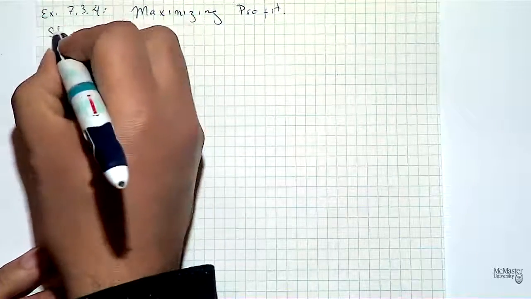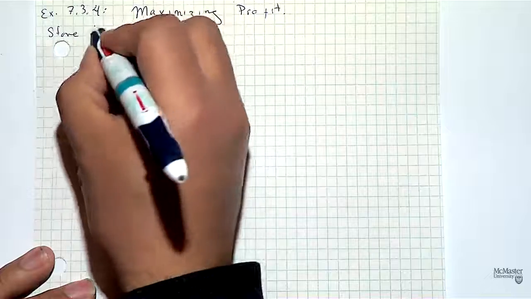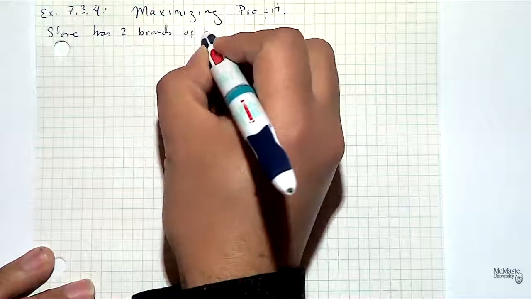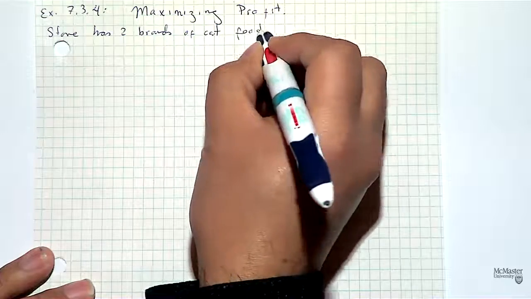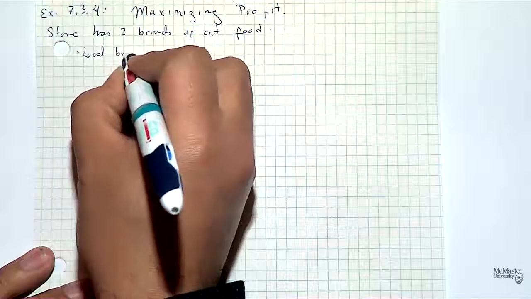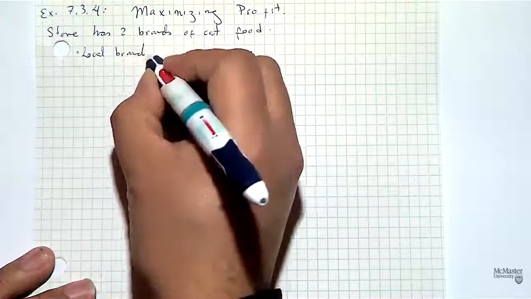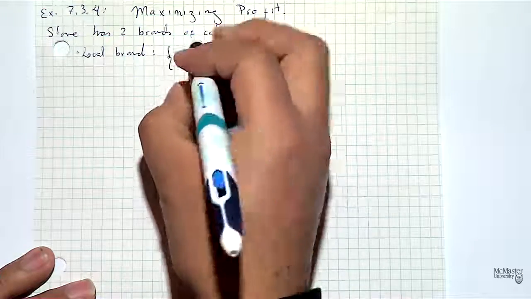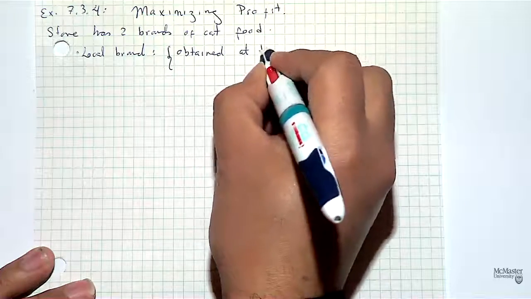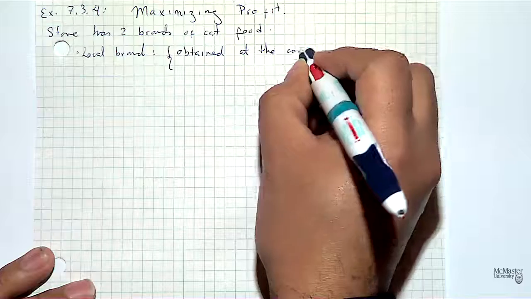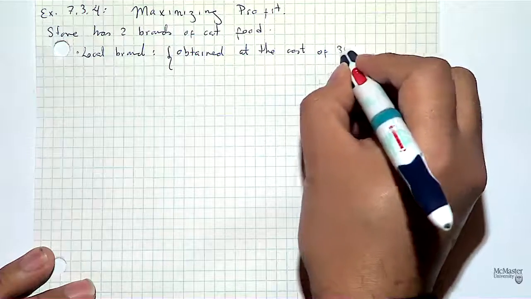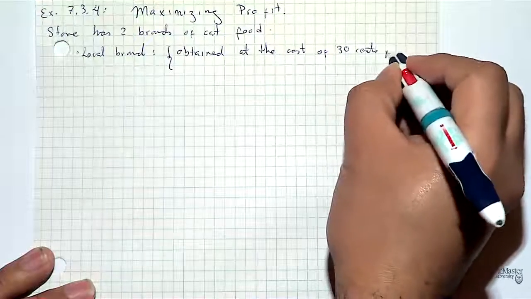So you have a store that has two brands of cat food. There is a local brand that is obtained at the cost of 30 cents per can.